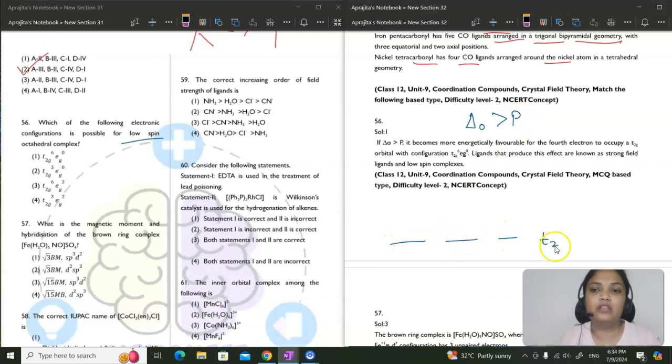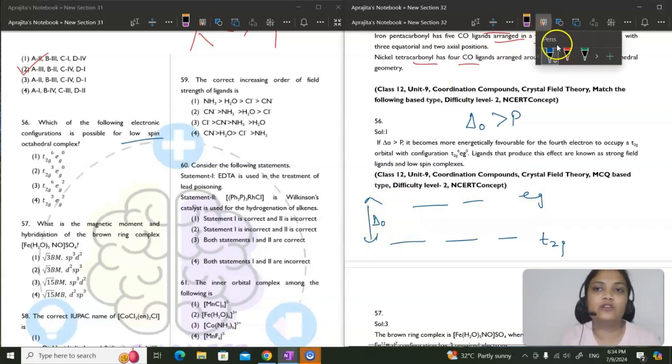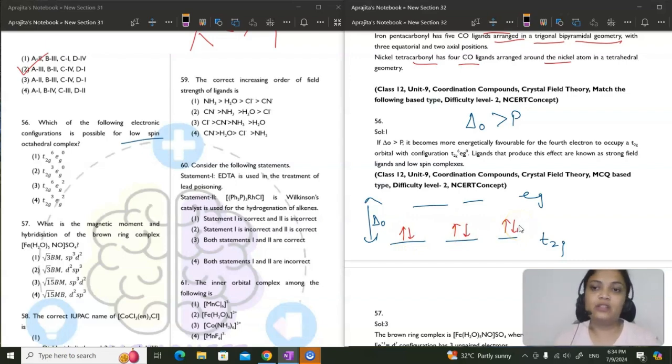So if I talk about the T2G and EG orbitals, if the crystal field splitting energy is more, it means it will be favorable for the electron to occupy the T2G orbital only, means it will start to pair. Instead of the fourth electron going to the EG orbital, it will go to the T2G only, and once T2G is filled, then EG will be filled.